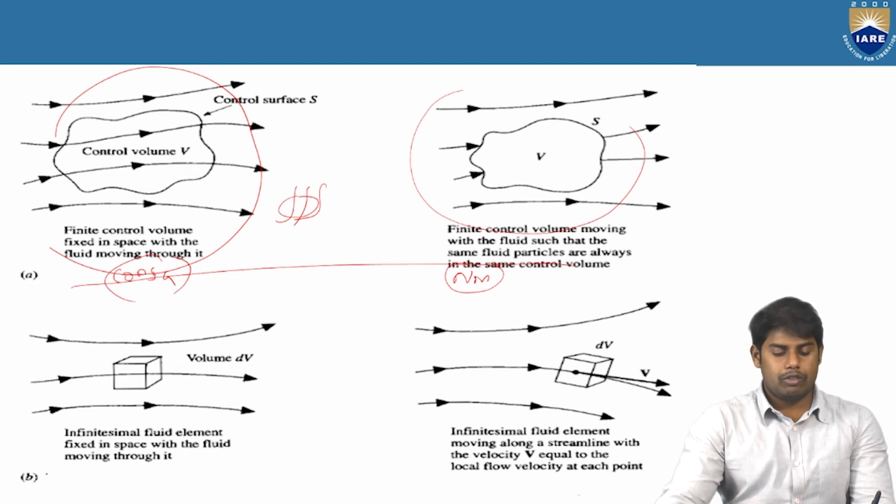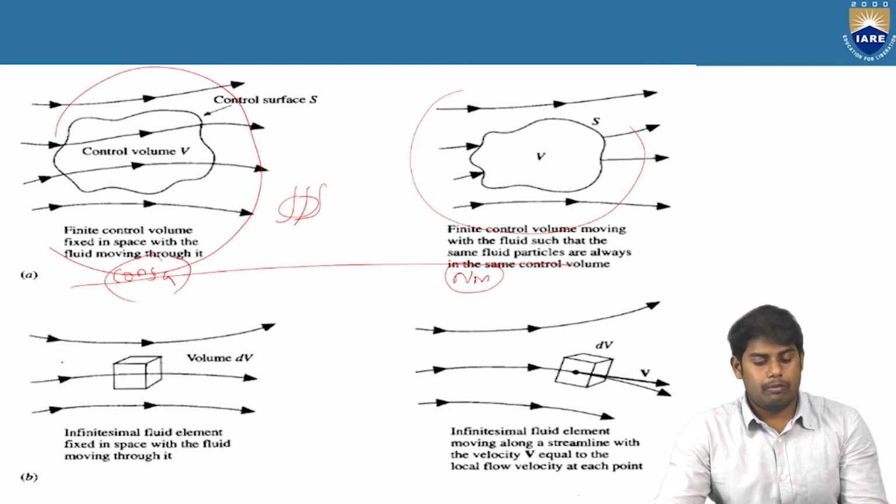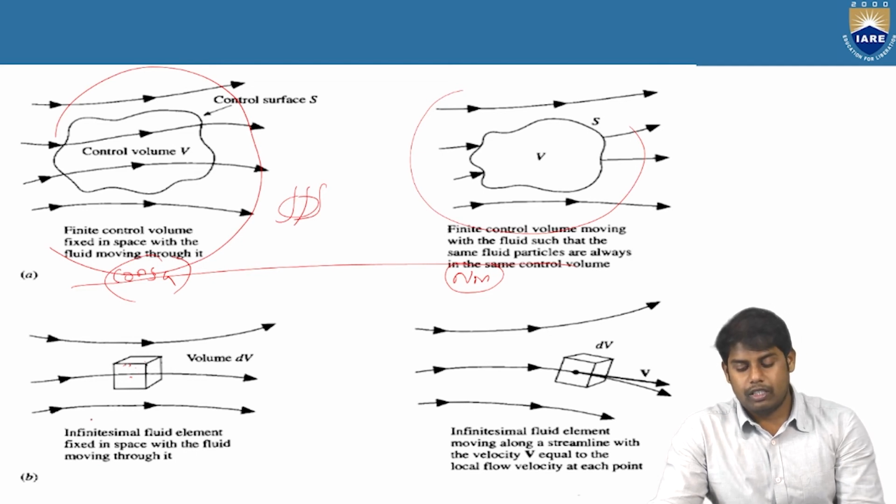And approach B is the fluid element approach. In the fluid element approach, we discuss the molecules present in the fluid. Here it is fixed in space, so this is the conservative form of equations, and here it is moving with the flow, which is called the non-conservative form.